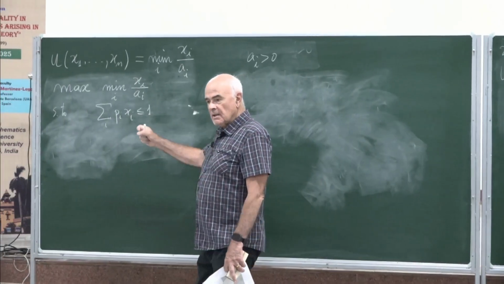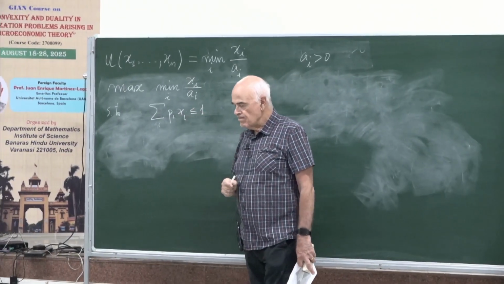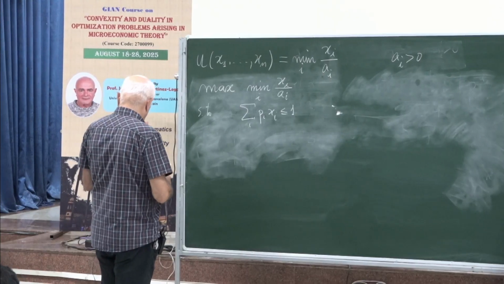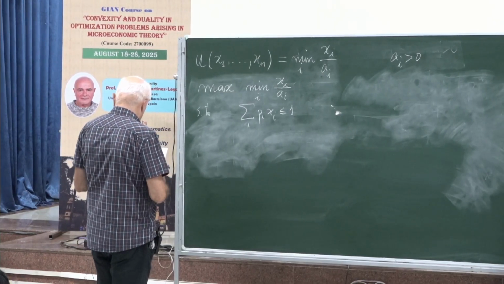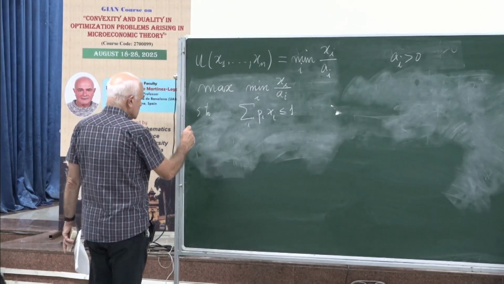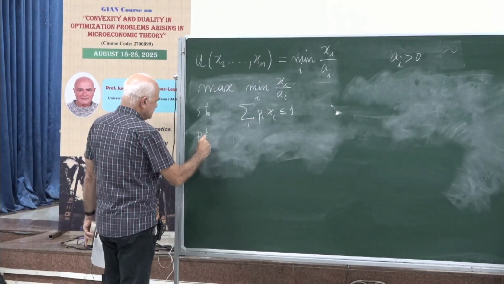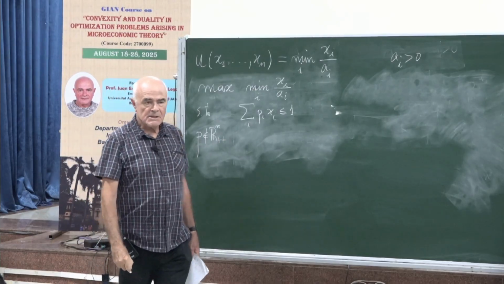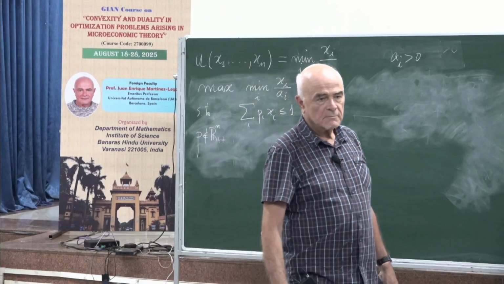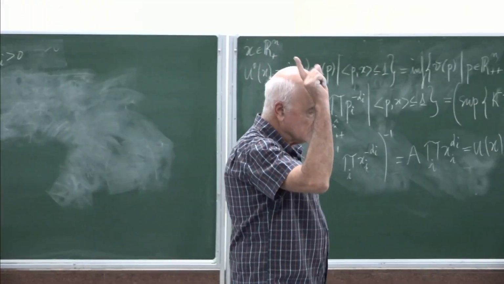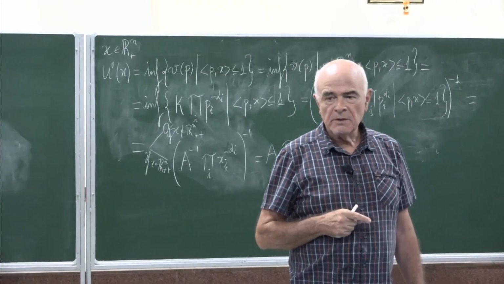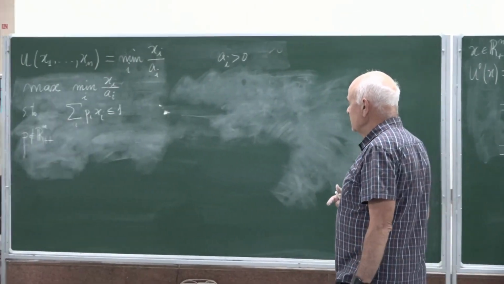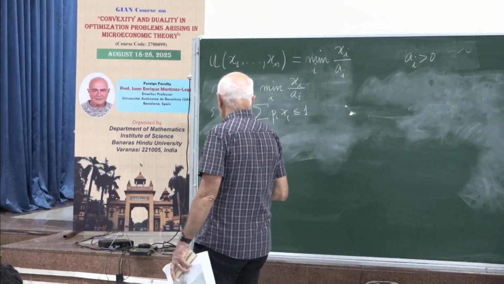I claim that at the optimal solution, well, first of all, as usual, if some good is free, my demand for that good would be, let's say, infinity, and then I can get a utility equal to plus infinity.